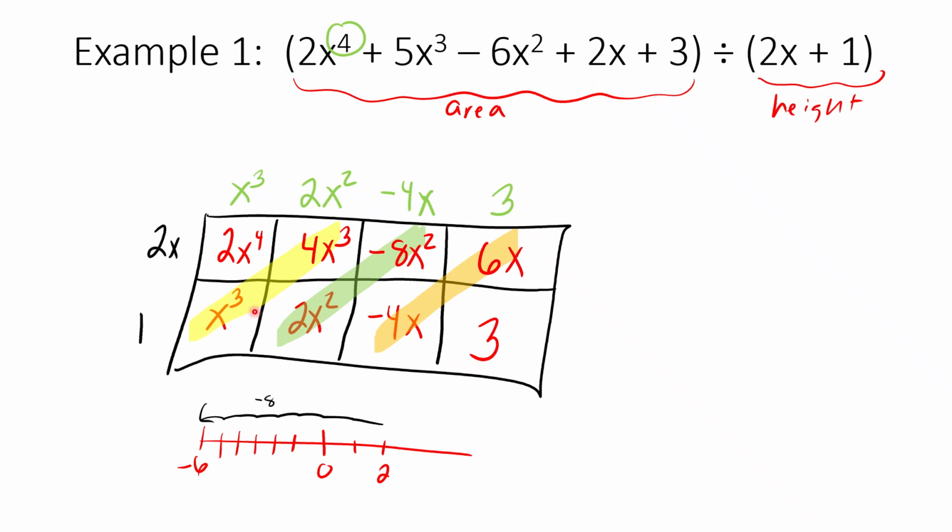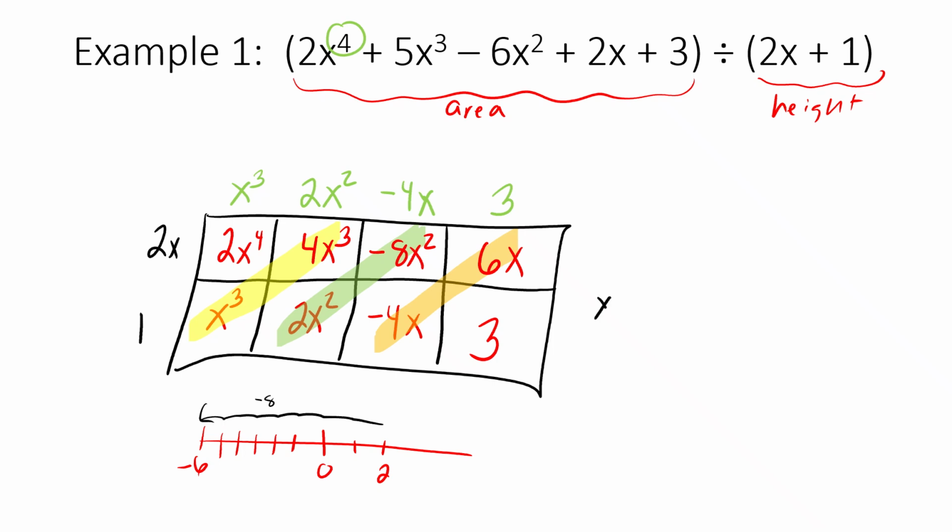Why, I will, and I know that because of how I filled them in. I have 2x to the fourth, x to the third plus 4x to the third is 5x to the third. 2x squared minus 8x squared is negative 6x squared. Negative 4x plus 6x is 2x, and then the 3. I had the height, and now I have the base.